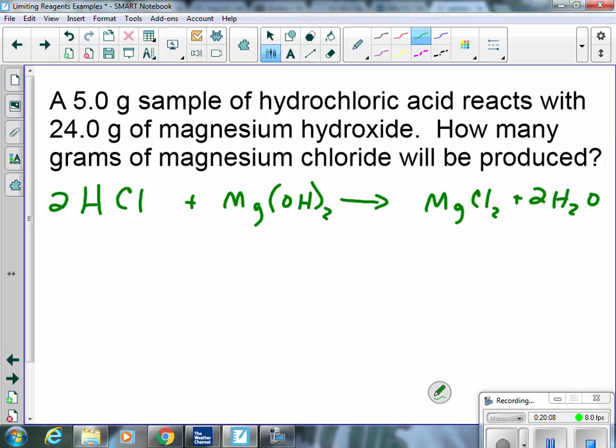I'm balanced. So I have my balanced chemical equation. Now, it does not matter which one I start with, okay? Doesn't matter which one I start with, so I'm just going to go with the first one given to me.